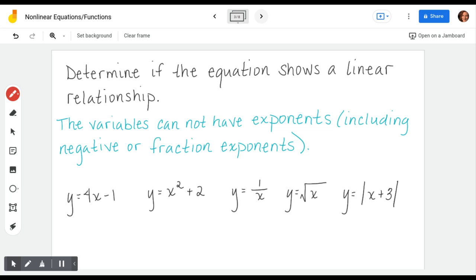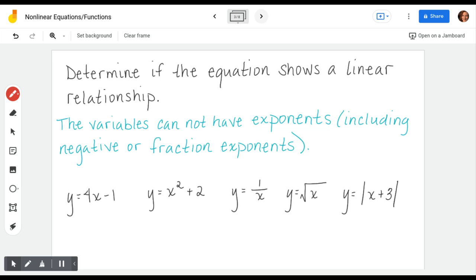You can't have a variable inside a root, inside a square root, cube root, anything like that. And you also can't have it inside any other symbol like absolute value. All of those produce certain types of graphs every time. But if it's not just a plain old variable, it's not going to be a straight line.